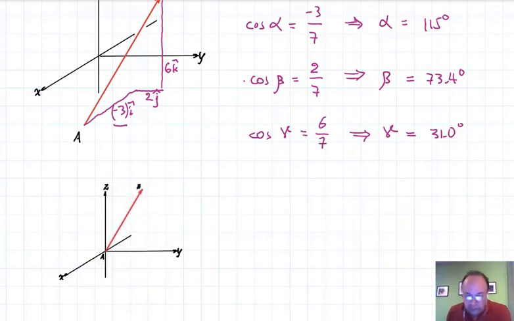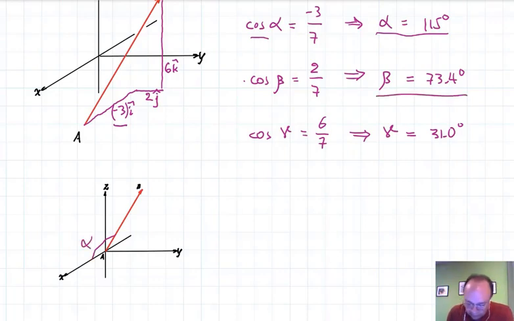So if we want to see the angles here, we have to be very careful to draw this. Then we have alpha, the angle that the vector makes with the x-axis. So that will be this angle here. This will be alpha.